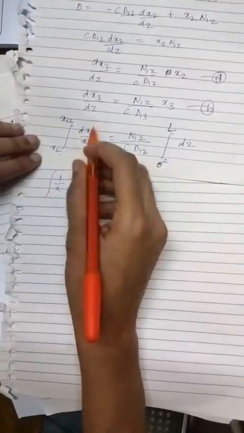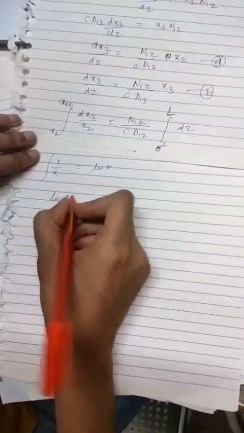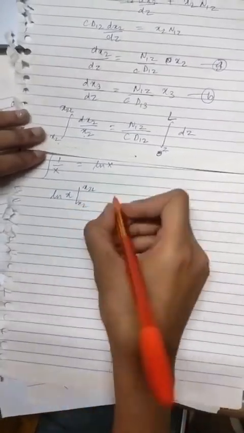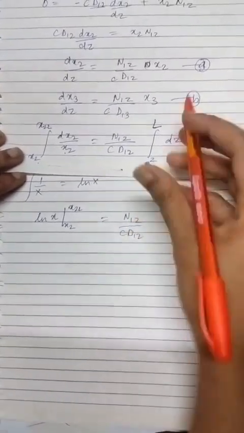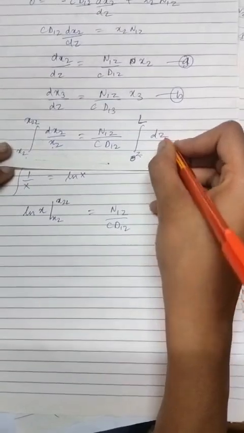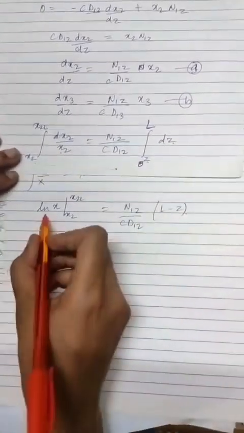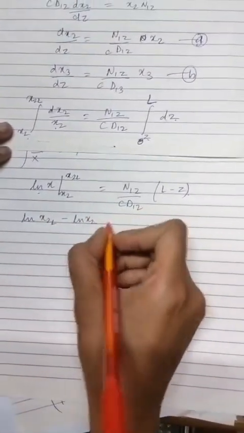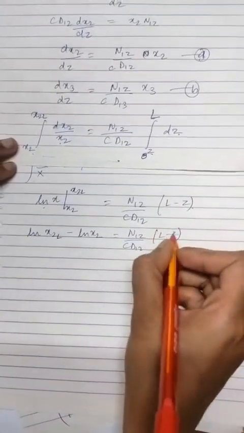So integrating dx2 upon x2 will be like ln x with limits x2 to x2L, and your right hand side will be N1Z upon C D12. Limits are L and Z. So integration of dz will be Z, and taking the limits, it will be L minus Z. So here ln x2L minus ln x2 is equal to N1Z upon C D12 times (L minus Z).